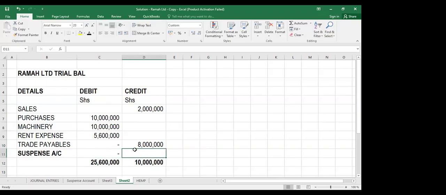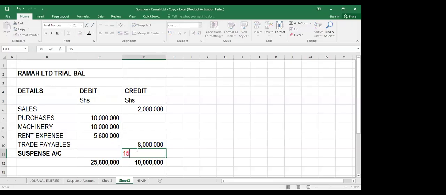This suspense account is meant to balance your trial balance in a temporary state.